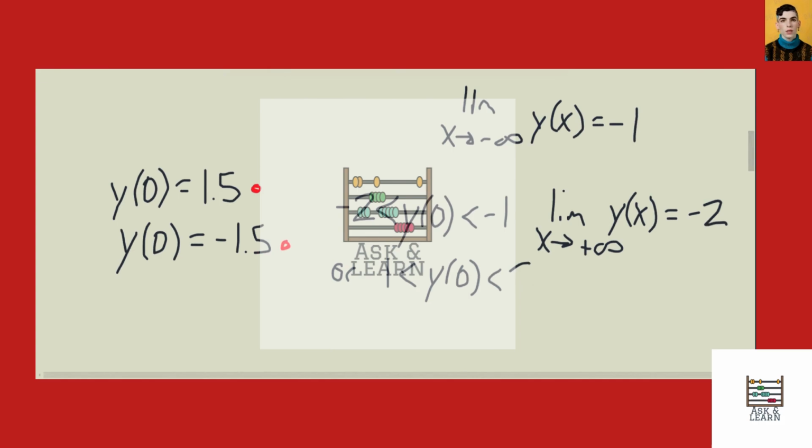So I'll actually separate these some more. And the limit as x approaches negative infinity, if y0 satisfies this condition, of y of x is going to be equal to -1.